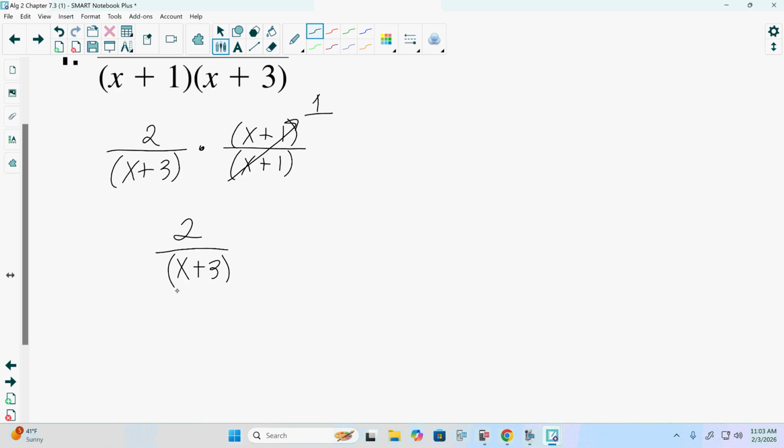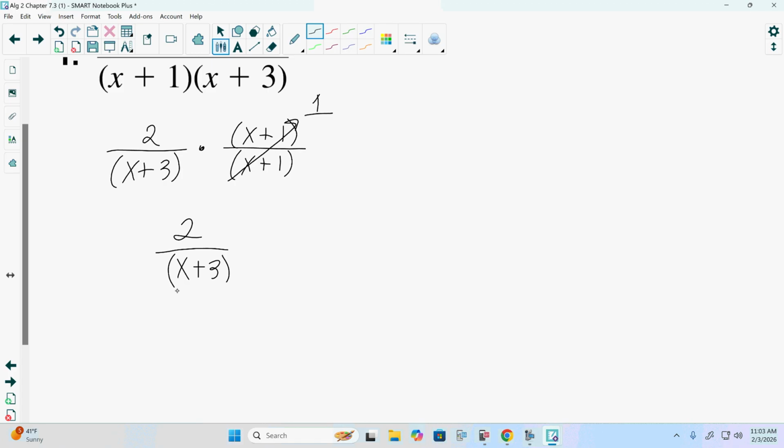And well, 2 over x plus 3 times 1 is just 2 over x plus 3. So because those are being multiplied, the 2 and x plus 1, the x plus 1 and x plus 3 are being multiplied, realistically, we can split it into 2 fractions. X plus 1 over x plus 1 reduces to 1, leaving us with 2 over x plus 3.